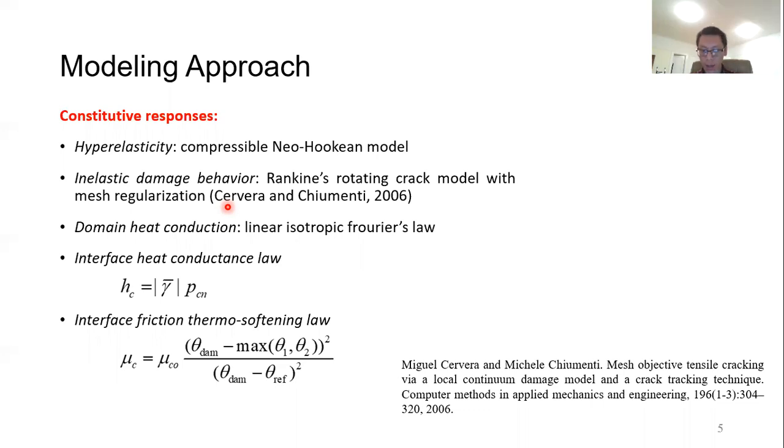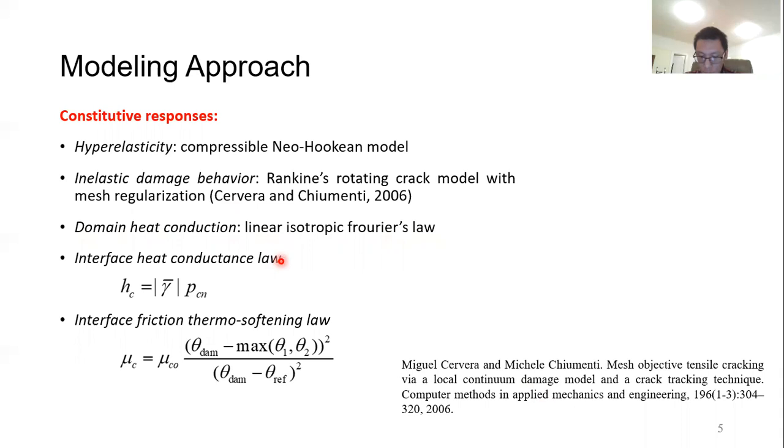The hyperelastic material response is assumed to be compressible neo-Hookean, and the inelastic damage behavior is governed by the Rankine's rotating crack model with mesh regularization. This is a non-local damage model. We refer you to this paper if you are interested in more details. The domain heat conduction law is simply the linear isotropic Fourier's law.